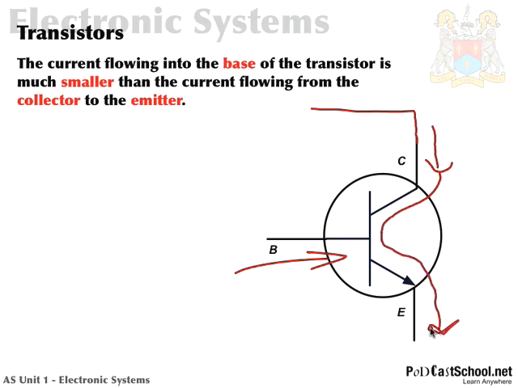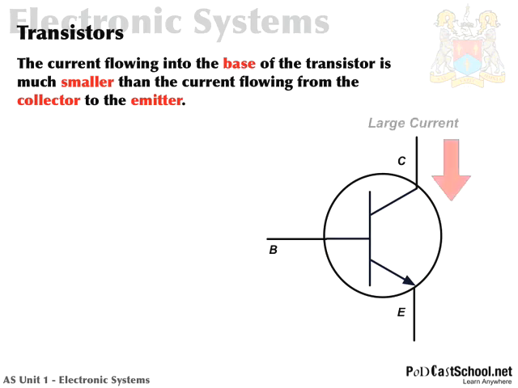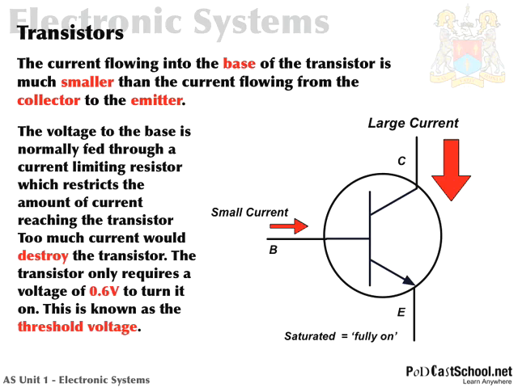It's able to do that only when there's current flowing into the base, or more accurately, whenever there's a high voltage at the base, which would be about, as I said, 0.6 volts. So a higher than 0.6 volts on the base makes this switch on. So a large current can be drawn through the collector to the emitter, whereas a small current is really only what's needed at the base.